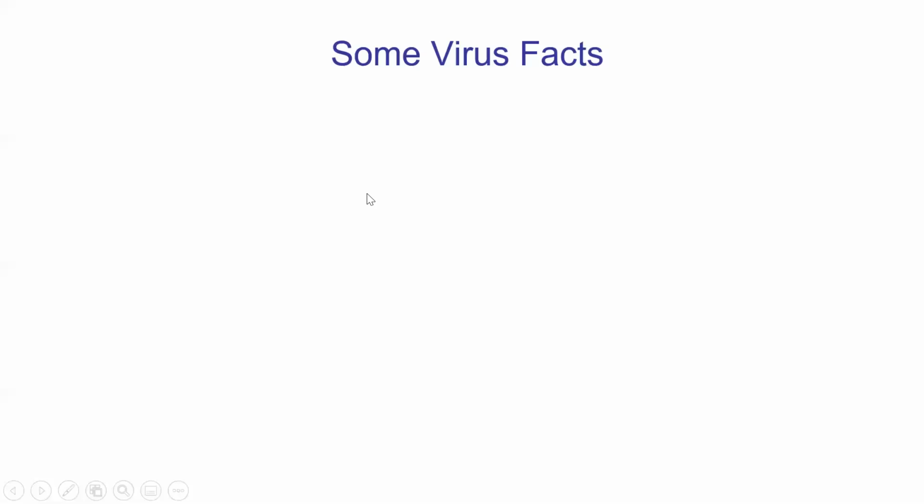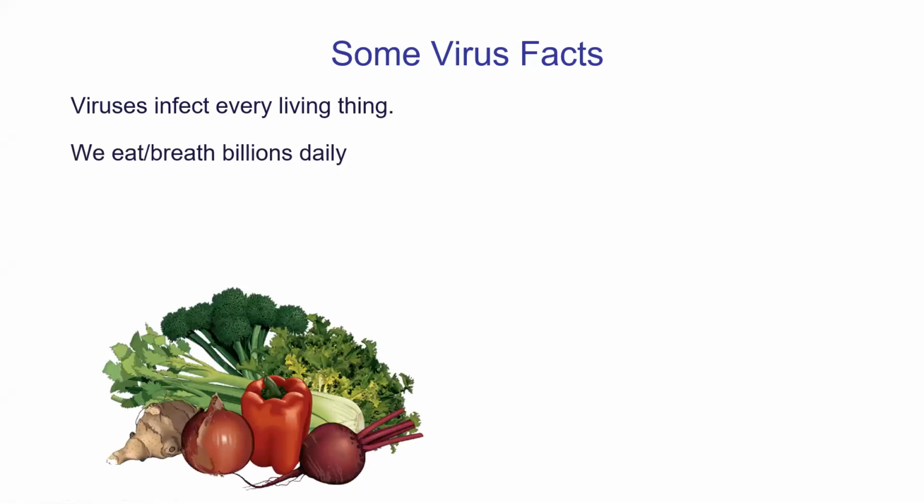So a few more things I want to say about viruses. Viruses, as far as we know, seem to infect every living thing on the planet. Wherever we look, whether it's in frogs or flowers, or humans or elephants or bacteria, all of these things seem to have at least one virus that infects them. So they're very, very common. And we are exposed to billions of viruses every day.